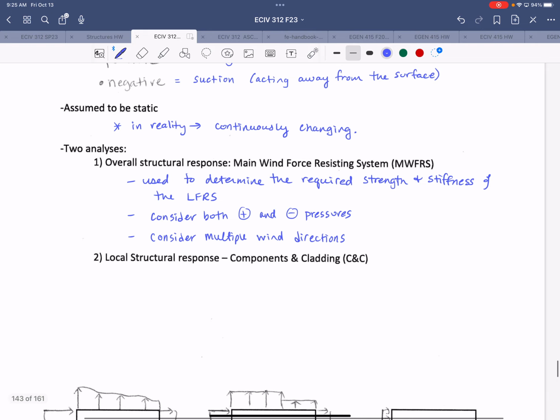The second analysis that we always need to consider for buildings is for the local structural response. So we call this components and cladding analysis, or C&C. This is used to determine the required strength and stiffness of wall and roof elements and their attachments to the building.